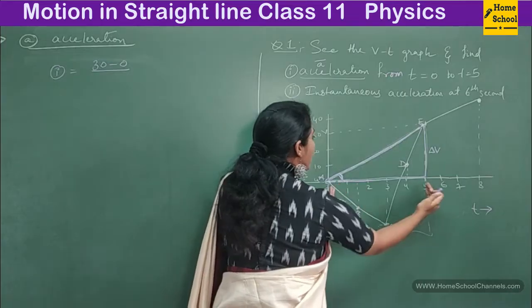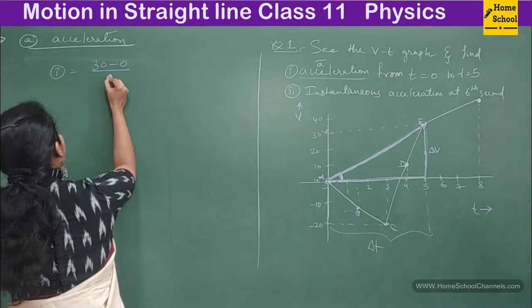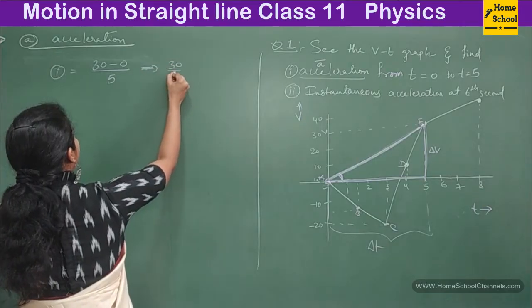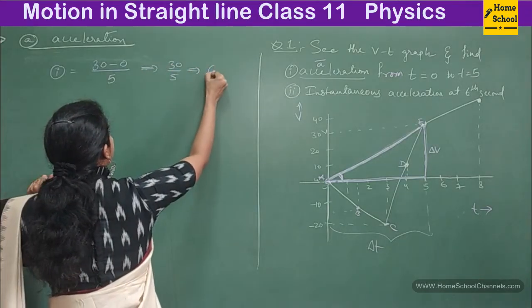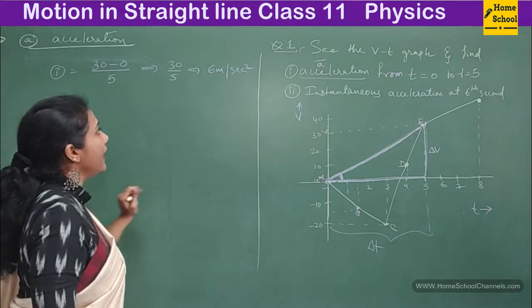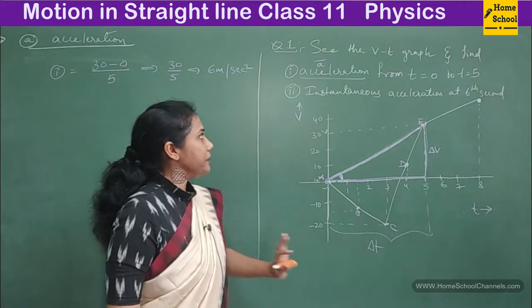How much is it from 0 to 5? It is 5 minus 0, that is 5, right? So it is 30 by 5. So that means 6 meter per second square. Okay, so that is your answer.